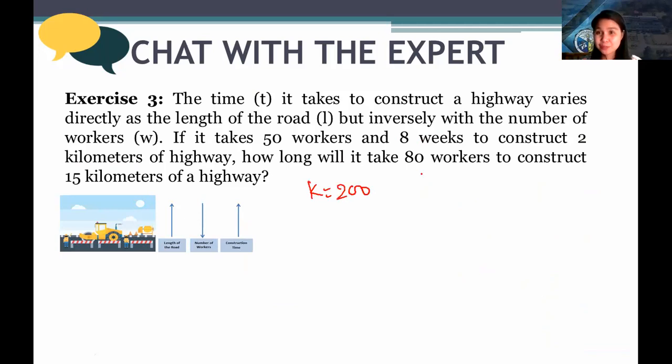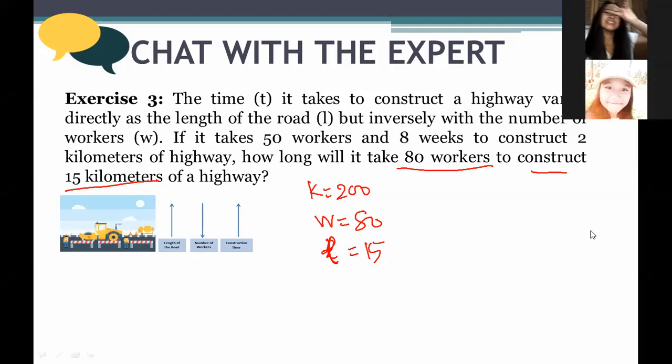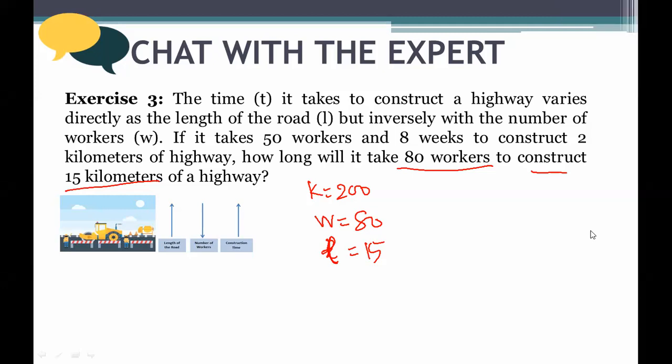Let's solve for the second problem. How long will it take 80 workers to construct 15 kilometers of highway? The length is 15. Now here's a technique. Be sure that you have the same unit of measure.